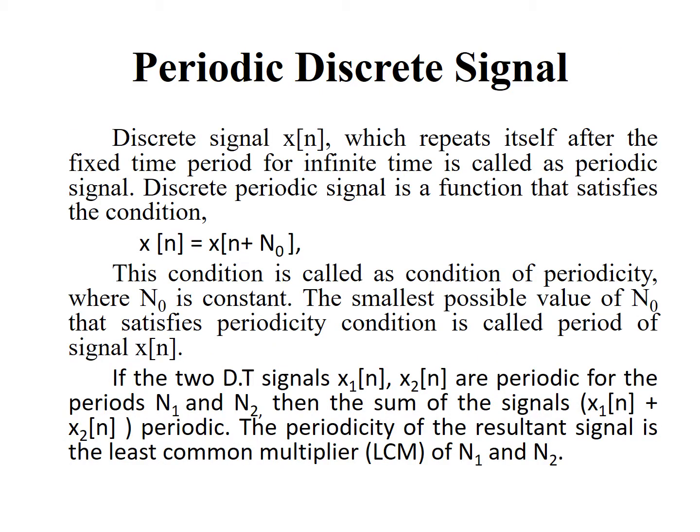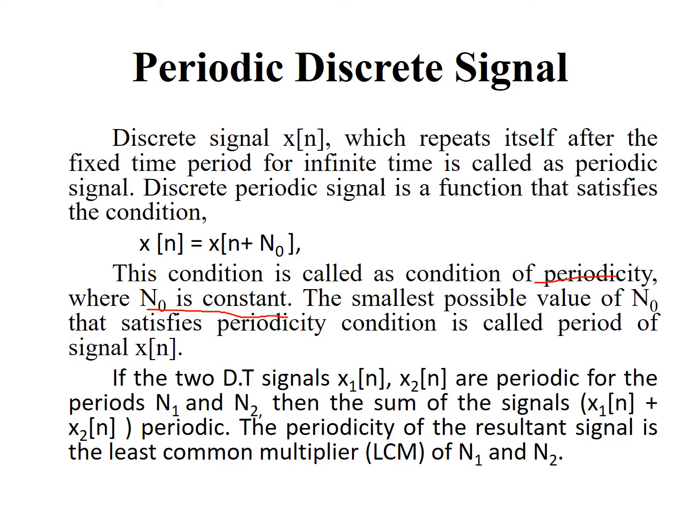Next, periodic discrete time signals. Similar to continuous time, a discrete time signal x of n which repeats itself after a fixed period for infinite time is called a periodic signal, and it is represented by x of n equal to x of n plus capital N0. This condition is called the condition of periodicity, where N0 is a constant.